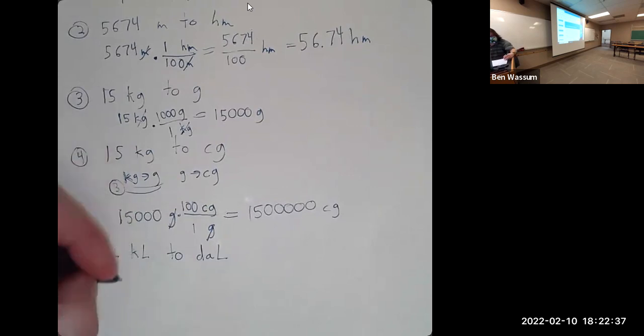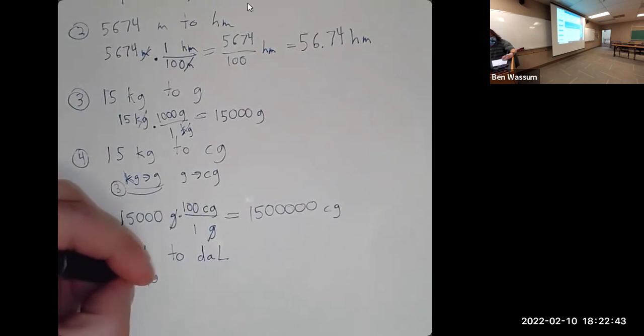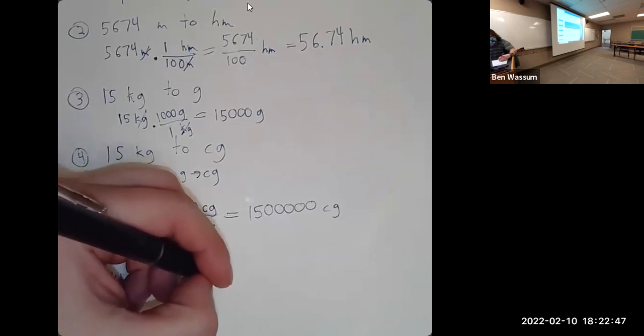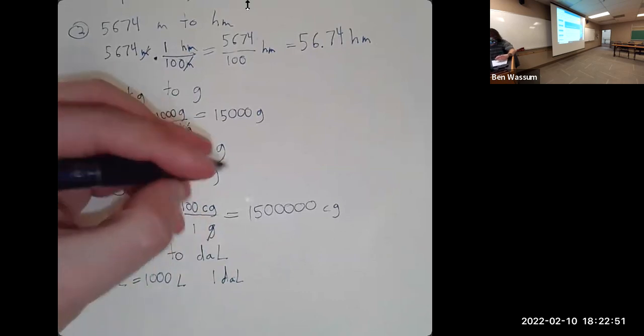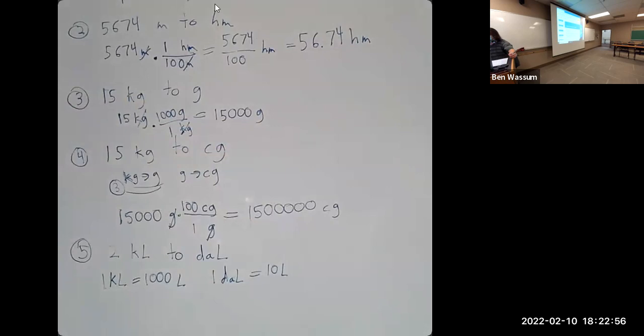Okay, so in this case, a kiloliter is 1,000 liters, and 1 decaliter is 10 liters.